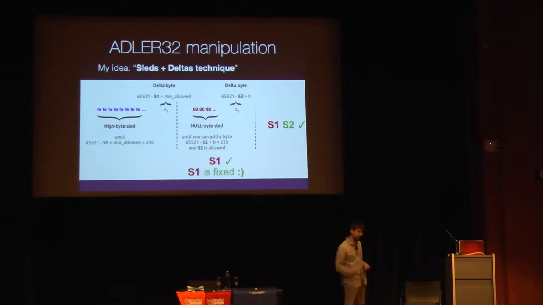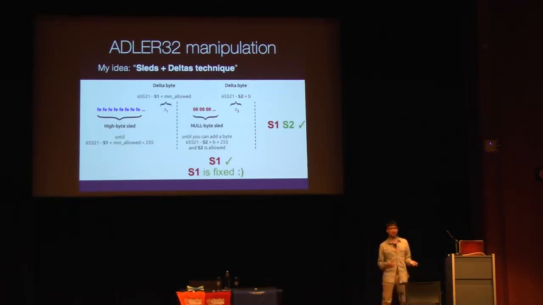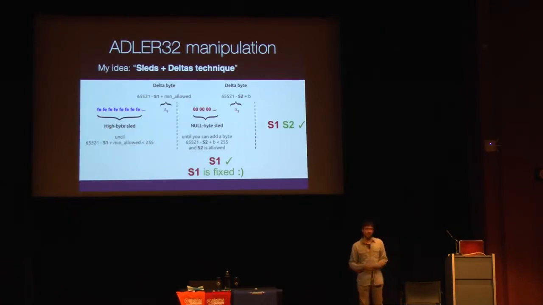S2 becomes S2 plus S1. Then we can add another delta, delta 2, that gets the S2 we want. So it's actually pretty easy with this sled technique to get an alphanumeric checksum.